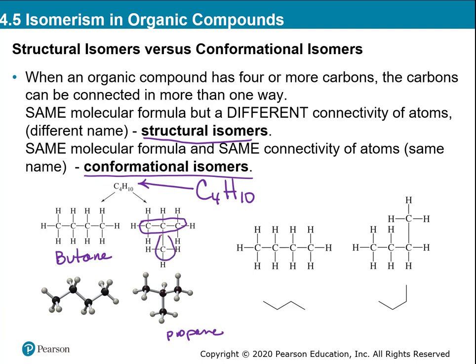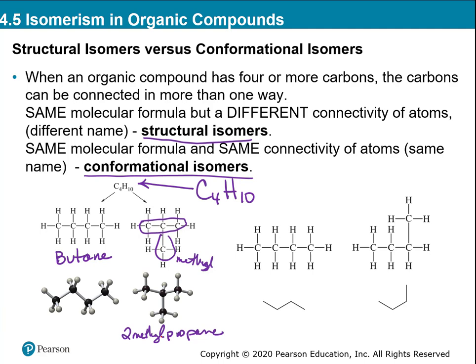And this group hanging off is a CH3, a methyl, and it's hanging off of carbon number 2. It's just the middle carbon out of 3, so that would be carbon number 2. So this is 2-methylpropane.